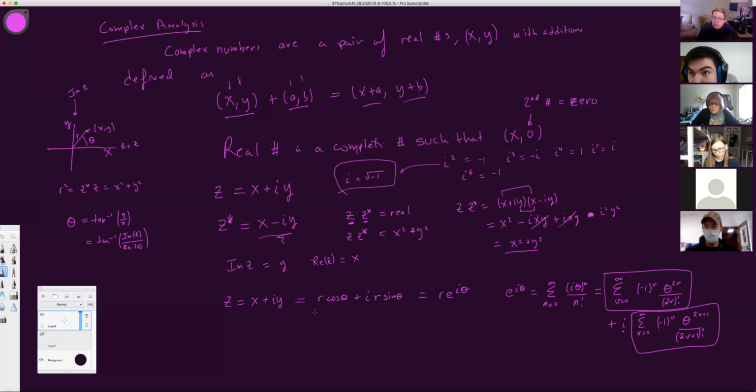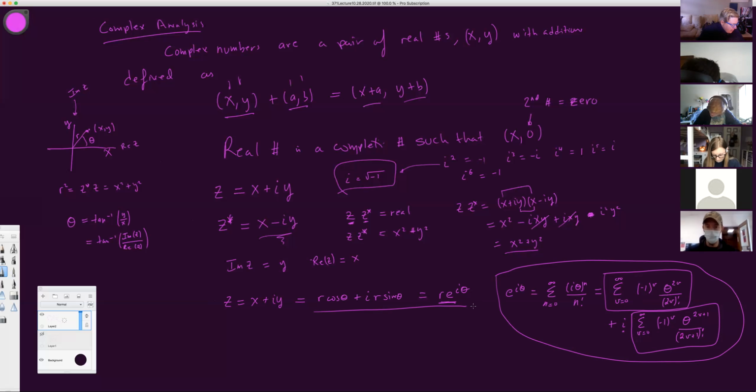So that's where this whole thing comes from, this little proof. Not really a proof, because I didn't really prove it, but I hope you believe me. So this is another way of writing our z. You've seen this before in quantum mechanics.